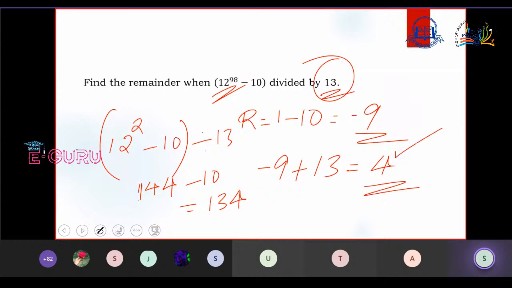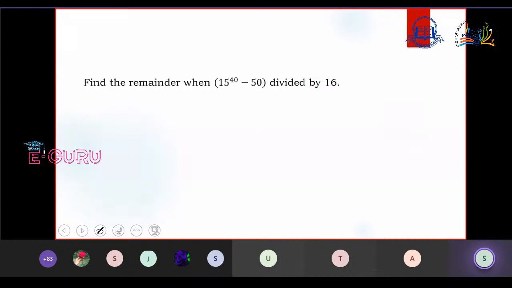That is what we obtained here. So when a negative remainder is coming, what we need to do? We need to make it positive by adding the number which we used for dividing. Okay, so whenever a negative number is coming as remainder, we will make it positive by adding the number which we used for division.